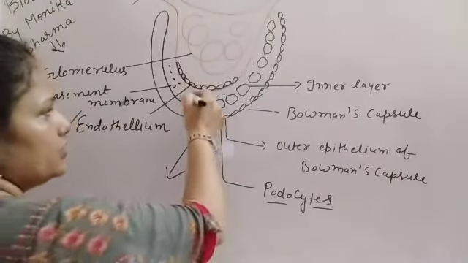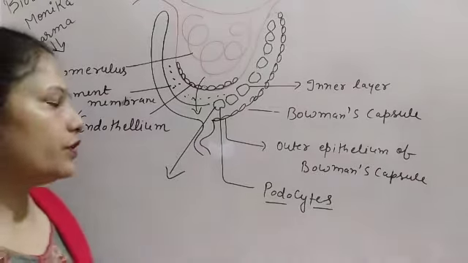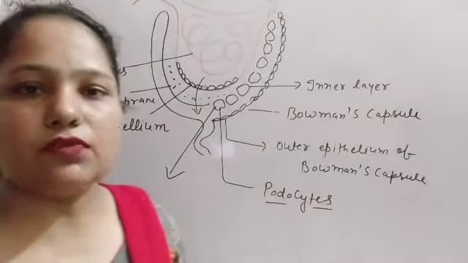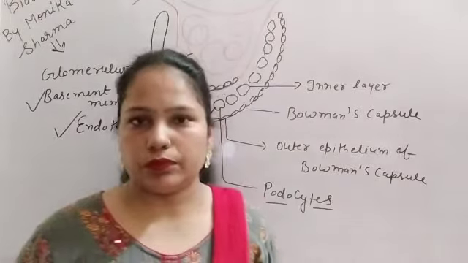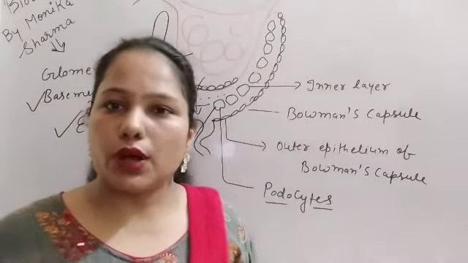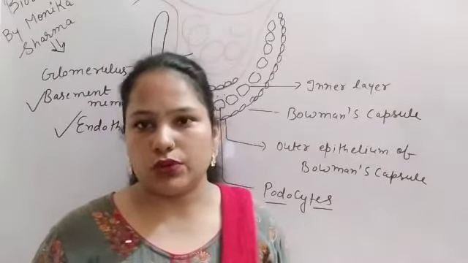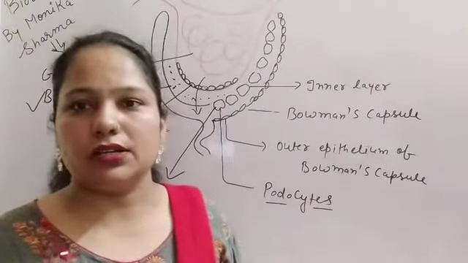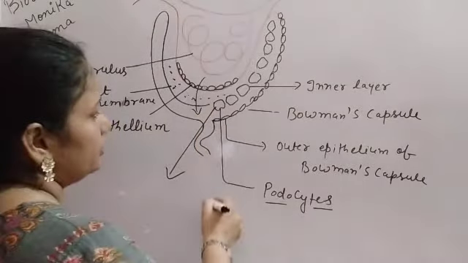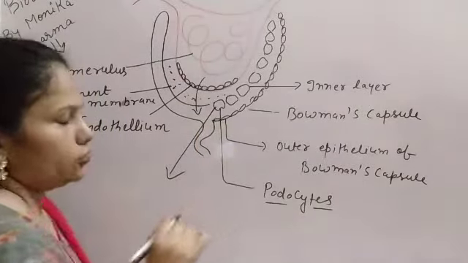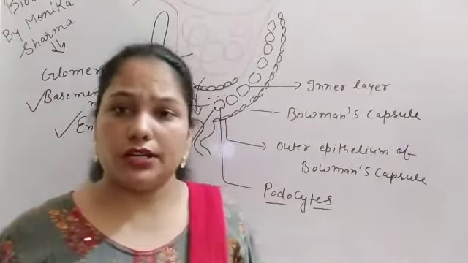Here very fine filtration takes place, so it is known as ultrafiltration. All the components of the blood are filtered through this part of the Bowman capsule except the plasma proteins, which remain in the blood.